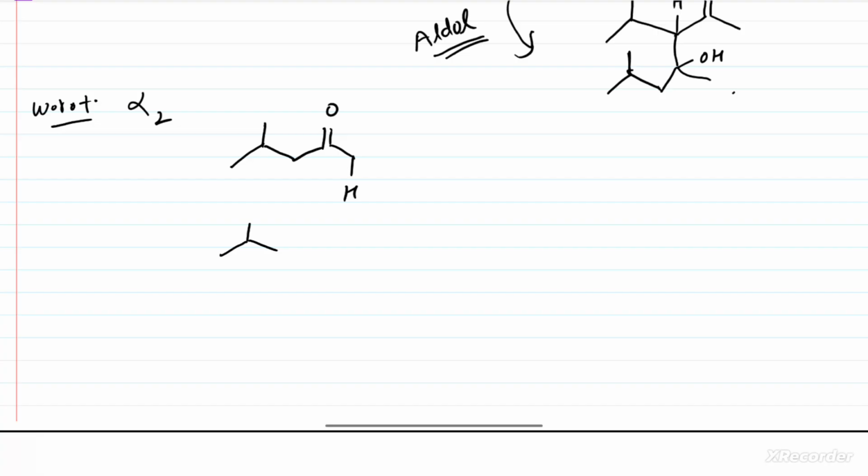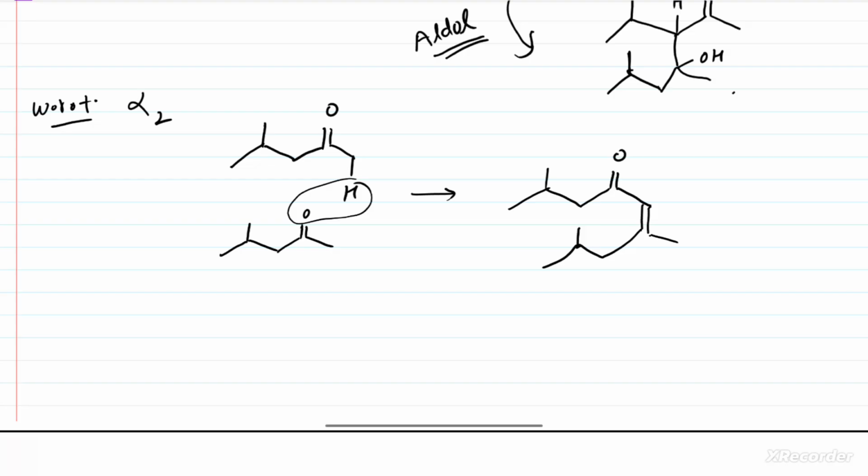I will write it as CO, then remove this OH and join them by a double bond. This is the double bond that we have. So this is the alpha beta unsaturated product for alpha 2.